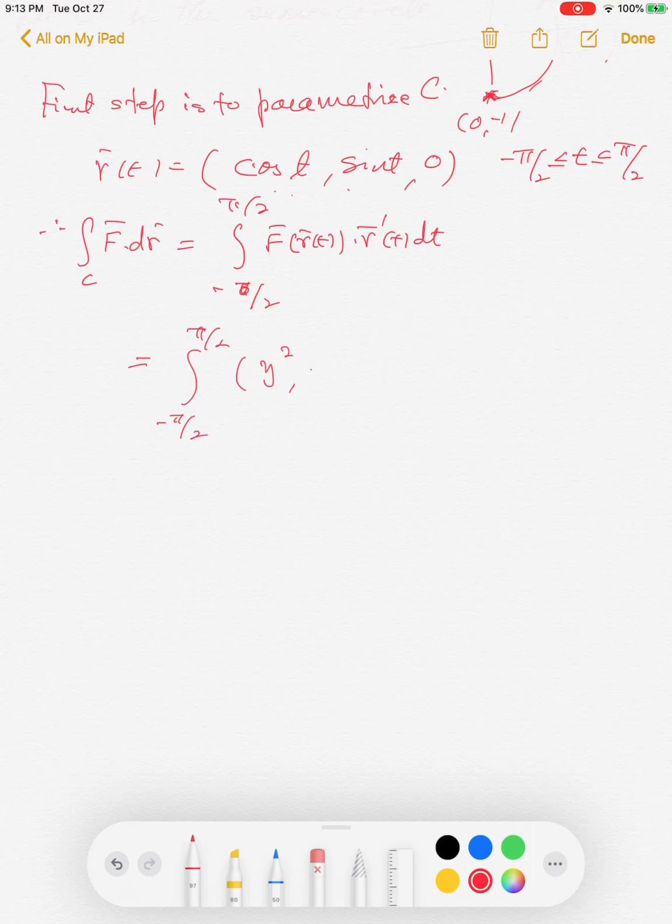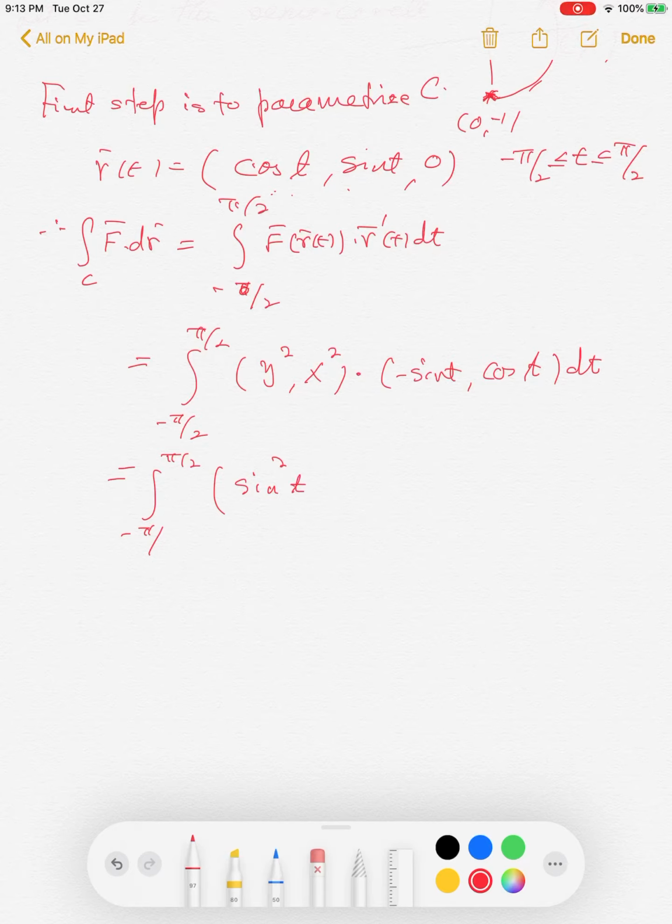I didn't put x square there. So it is y square comma x square dotted with r bar dash. r bar dash is minus sine t comma cos t. The third component is 0, so we don't care about it because now there are only two components. And now you use the fact that x of t is cos t, y of t is sine t.